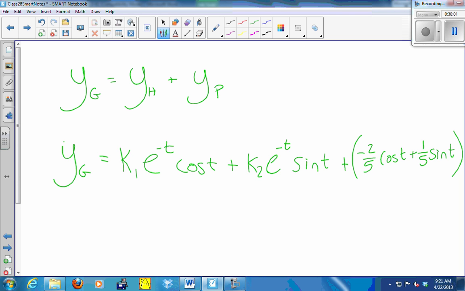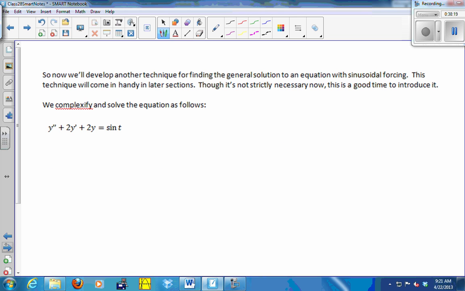So far, we haven't really done anything new today, except change the type of forcing function on the right. All that forced us to do was think about what kind of guess we were going to need to use. What is new today is that we're going to develop another technique for finding the general solution to an equation with sinusoidal forcing.